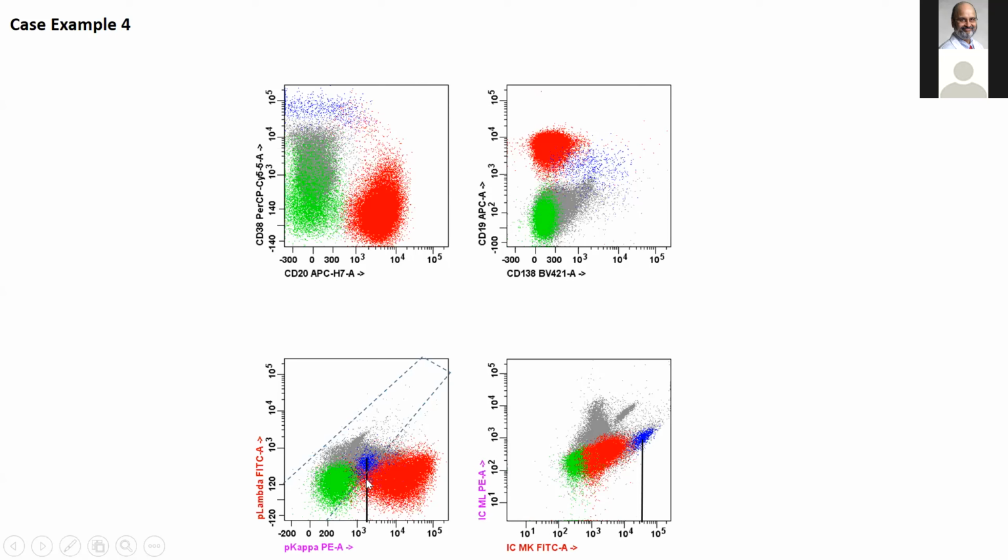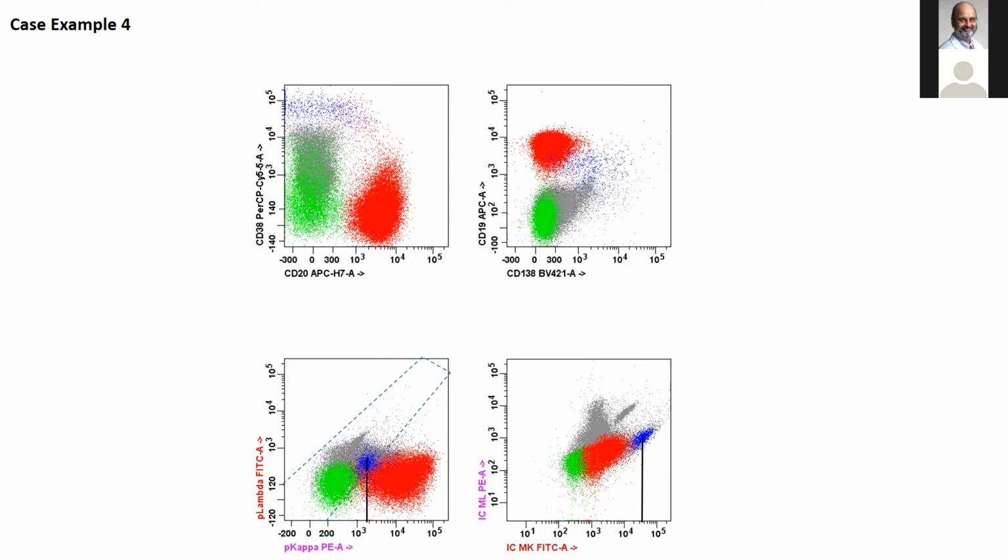So you can use your surface versus your cytoplasmic to give you an idea whether or not you have true cytoplasmic immunoglobulin light chain expression. Why am I saying that? Well, if you look at the red population here, it also shifts off the axis and shows what appears to be positive staining for kappa. But if you remember, when we look at cytoplasmic markers, we're not getting rid of the surface membrane.